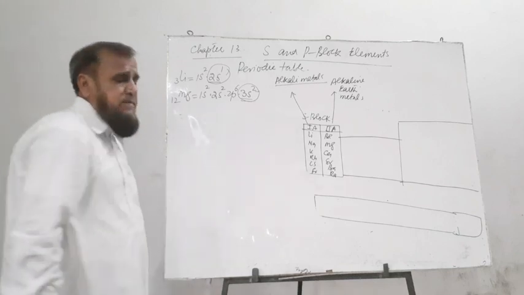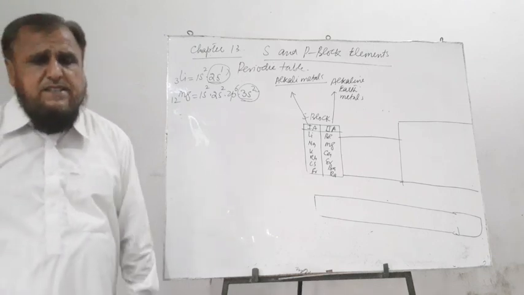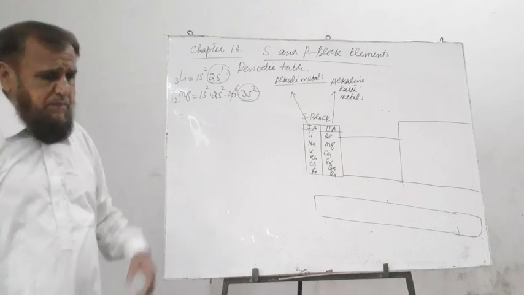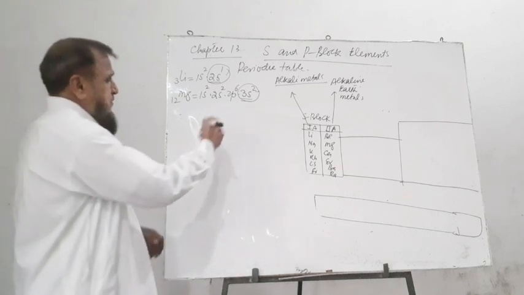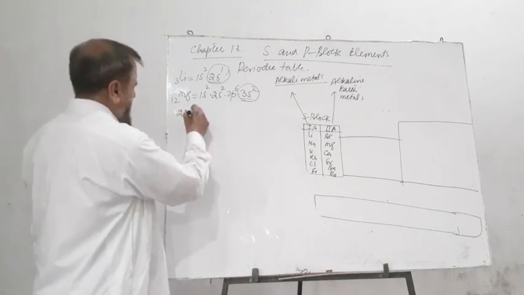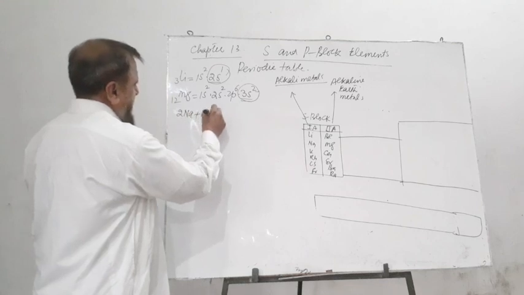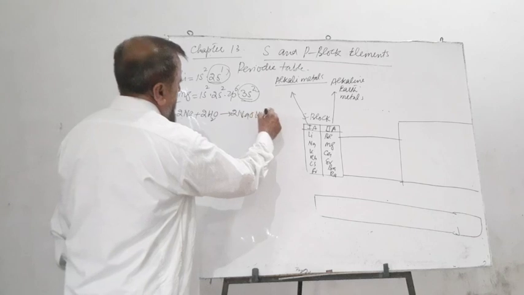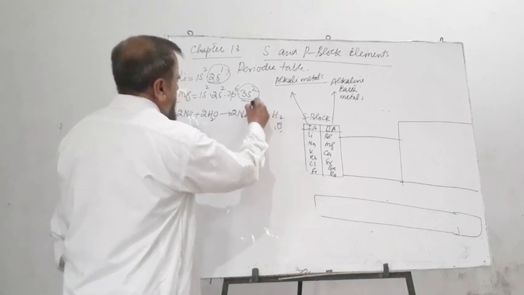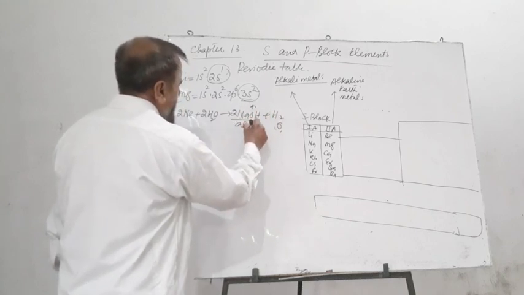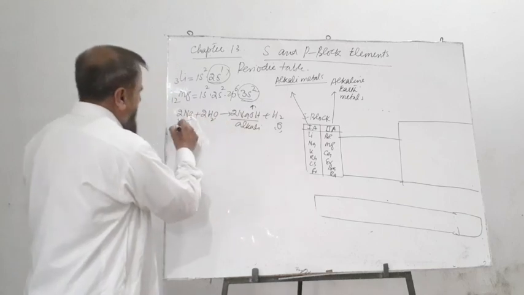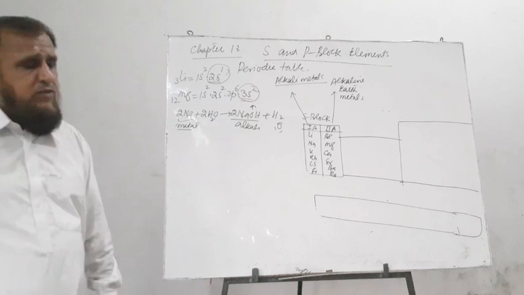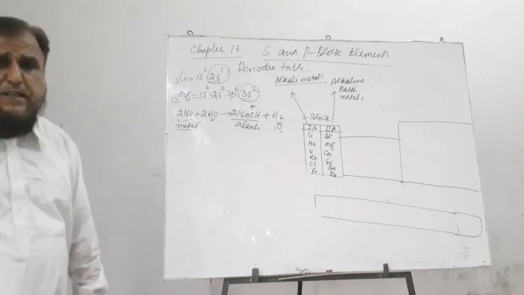They are called alkali metals because they are metals which react with water and produce an alkali, a base which is soluble in water. For example, sodium is a member of group 1A. It reacts with water and produces sodium hydroxide and liberates hydrogen gas. Sodium hydroxide is an alkali. Therefore, these are called alkali metals.